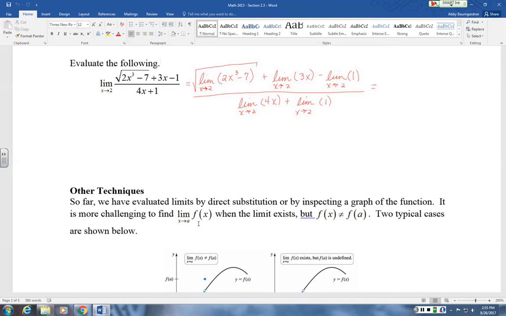So I know we could actually show some more steps here, and the limit could apply to the 2x cubed, and so the 2 could pop out front, you'd have the limit of the x cubed, and so forth, so on. I want to save us a little bit of time, just sort of remind us that a combination of all of these different laws will give us this as an answer: 2 times 2 cubed minus 7 inside of the root.